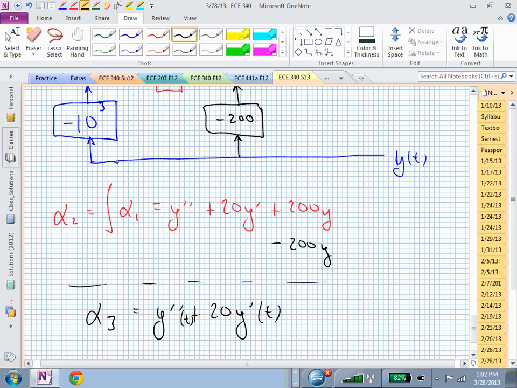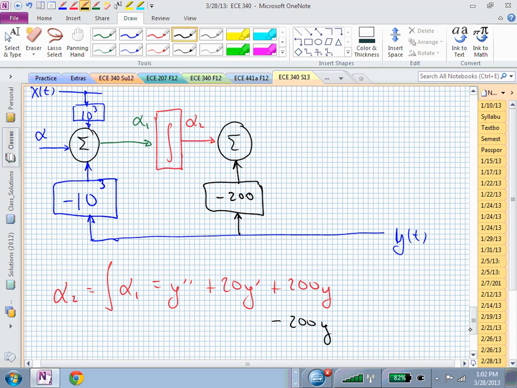Questions on this? Do you see the process? And if I had an x up here, or its derivatives, I could just keep those flowing down. I would need to add or subtract the opposite sign of it to eliminate it, and then put that in as another term in my summing junction.